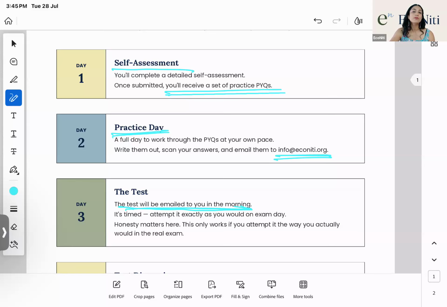Even though you may feel that you wrote from your memory, remember that in the real exam setting you are not going to look at the question paper and then go back and revise, right?